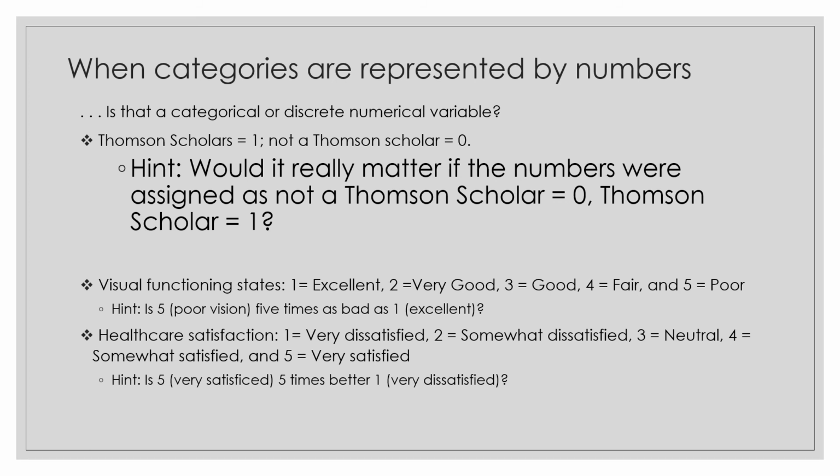And in this case, would it really matter if the numbers were assigned as 1 for Thomson Scholar and 0 for non-Thomson Scholar? Is the number 1 better than the number 0 in this case?